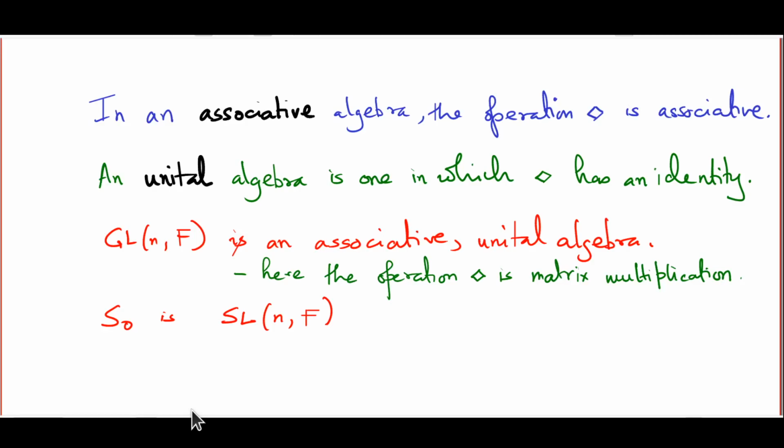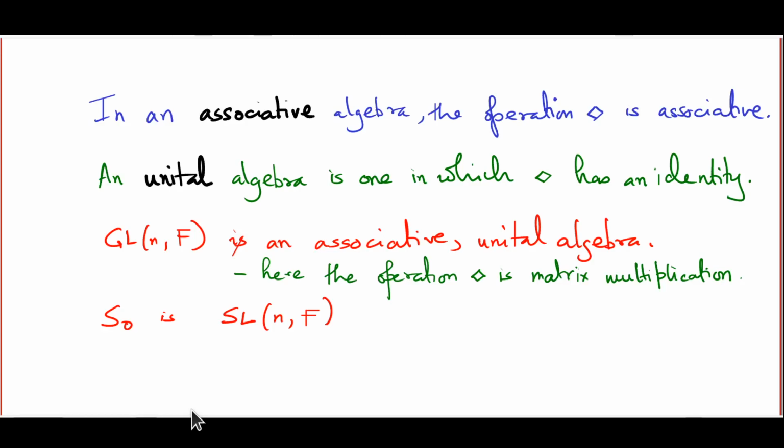In fact, two of our most important algebras, GL(n, F), the set of all invertible n by n matrices with elements in the field F, as far as we are concerned either real or complex elements, is an associative unital algebra where the product is simply the multiplication of matrices.